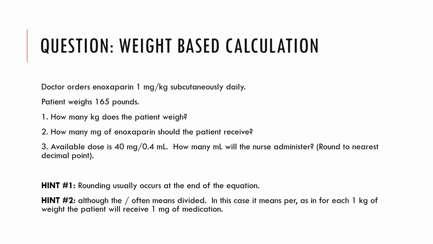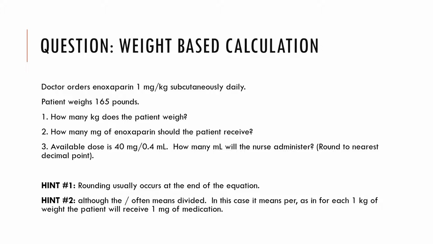This one is you've got a standard dose. So this is 1 milligram per kilogram, subcutaneous daily. You're going to have to convert the weight from pounds to kilograms, and then determine how many milligrams they're getting, and the available dose is here. So a couple of other hints.